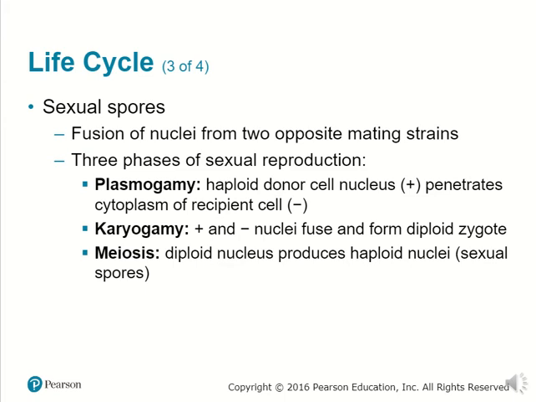Haploid essentially means you have one set of chromosomes, where diploid means you have both sets of chromosomes. There is also meiosis, which is when a diploid nucleus produces haploid nuclei, which are sexual spores that can then bond with other haploid nuclei to form a diploid nucleus later on.